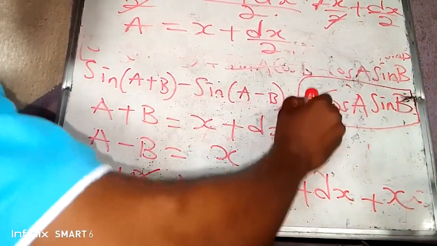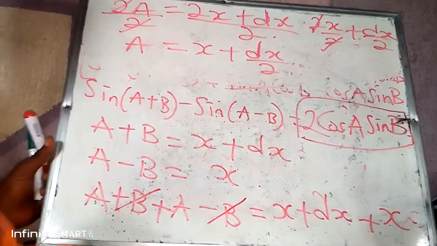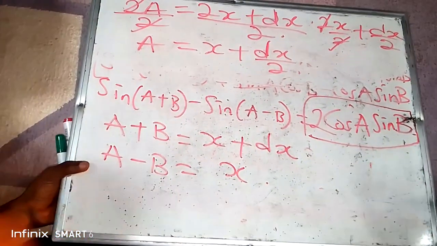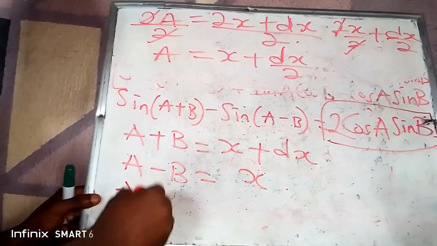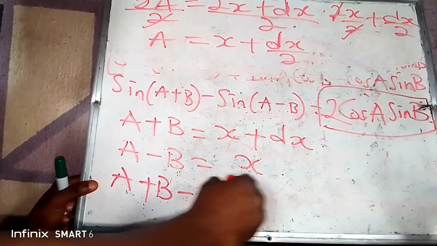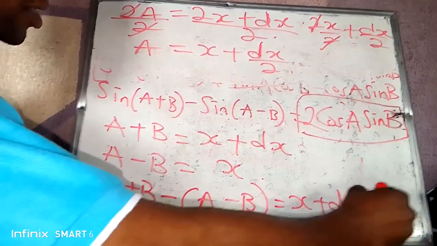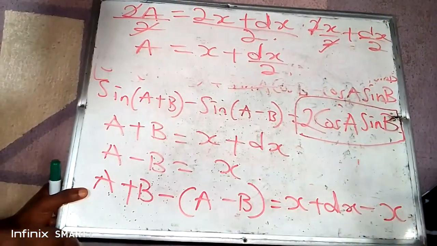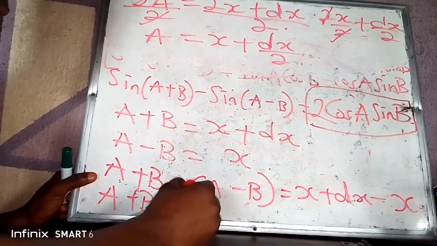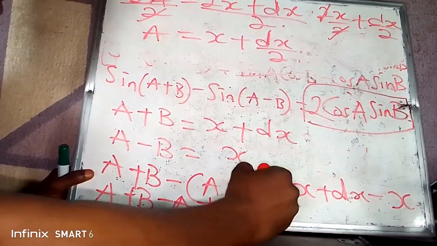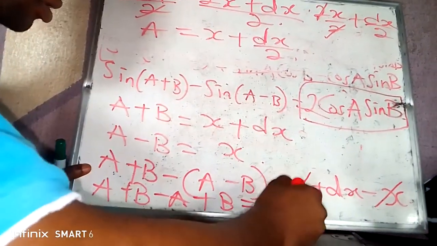Do not forget what this will give us: 2 cos a sin b. Now I need to get my b also. How will I get my b? Do not forget I had it before. I want to subtract it now. That means a plus b minus, open bracket, a minus b equals x plus dx minus x. Now, a plus b minus, open bracket, a minus b, minus a and minus minus plus b equals plus x cancels minus x equals dx.